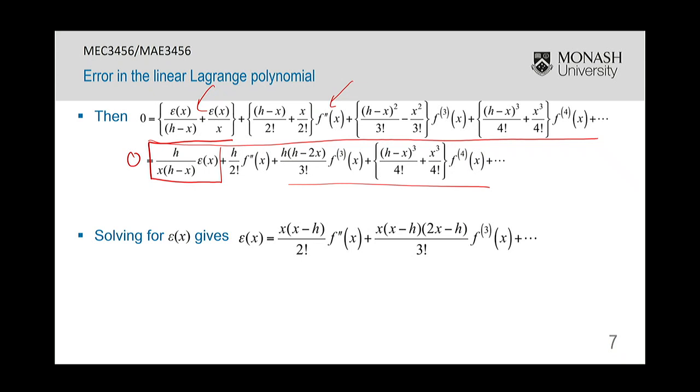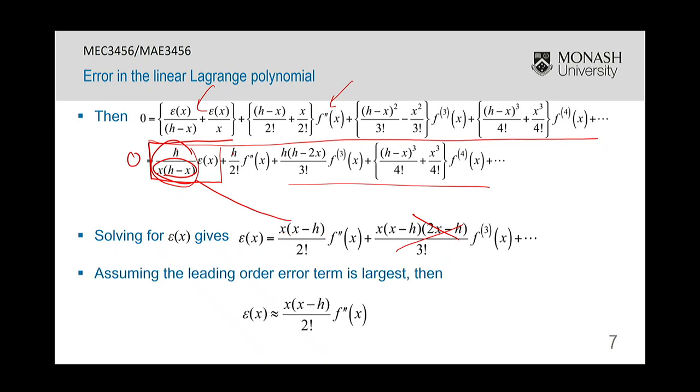So solving this for epsilon of x, we just need to divide by that term there, which gives us an expression for the error, which is what we're trying to find: the error as a function of x is equal to x times x minus h, that's that term at the bottom there, divided by 2 factorial times f double dashed at x. And remember, this h term has cancelled out when we've multiplied by this here, plus then some higher order terms that we're going to ignore.